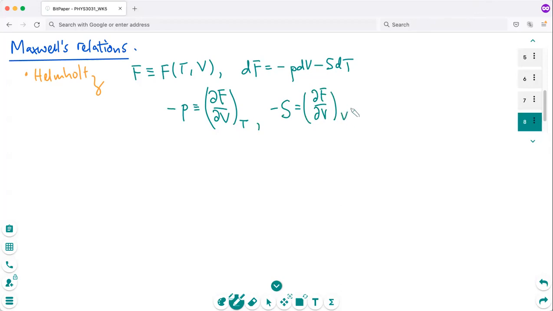So this is what you know from before. You know how to relate all these coefficients to the first derivative. And why don't you keep going? Why do you stop here? Why do you want to just stop at the first derivative? Okay, the argument is this. This F is a function of state.